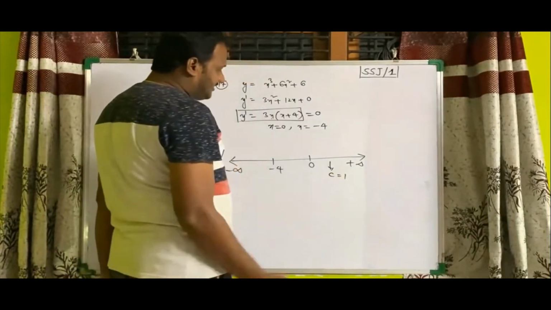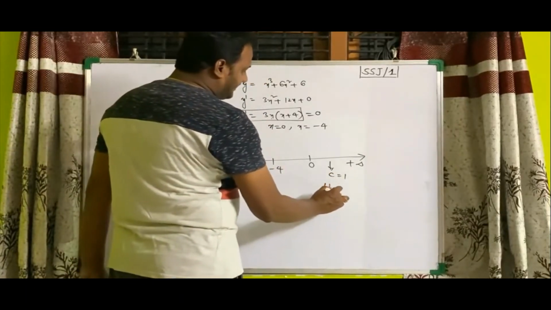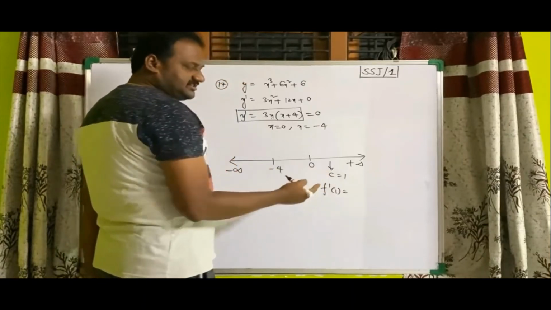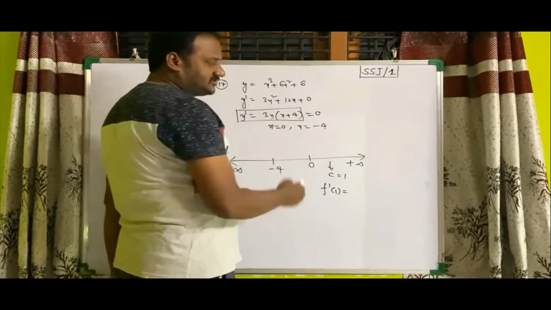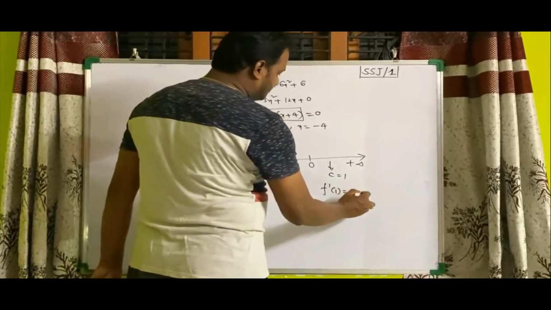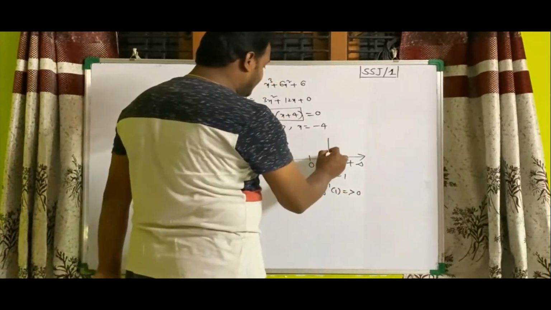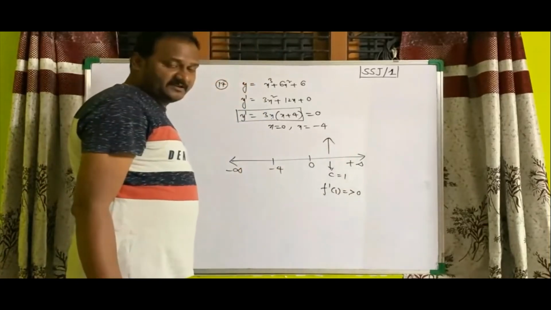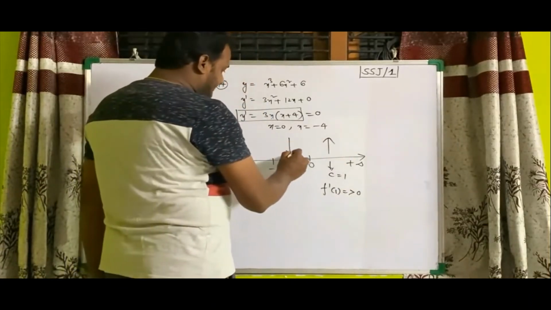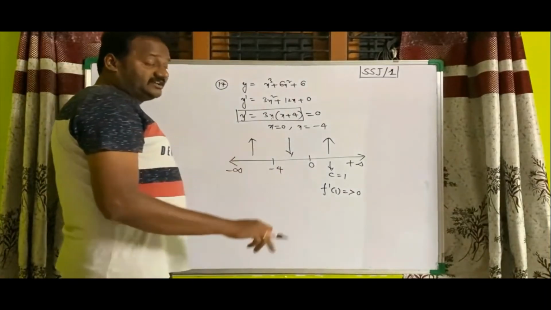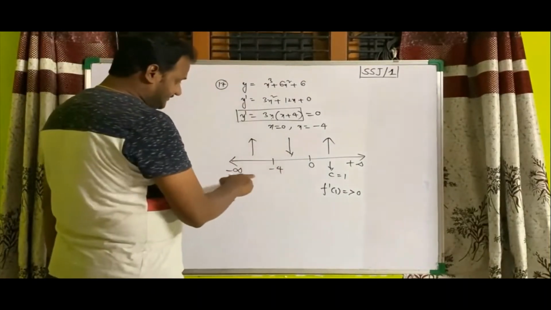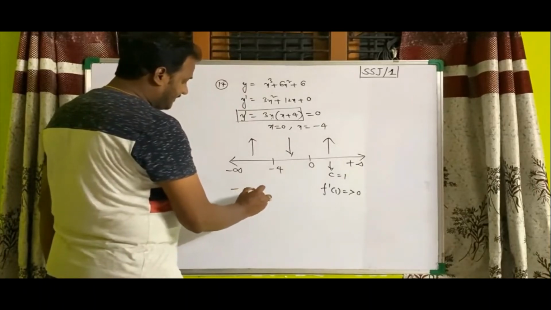If I take c is equal to 1 and substitute here f dash of 1, c is equal to 1 is a positive number, right? So 3 into 1 is positive, 1 plus 4 is positive, totally positive. So greater than 0. Greater than 0 means what? In this interval it is greater than 0. Means it is increasing, and it is decreasing, and it is increasing. Right? So in which intervals it is increasing? See, minus infinite to minus 4.